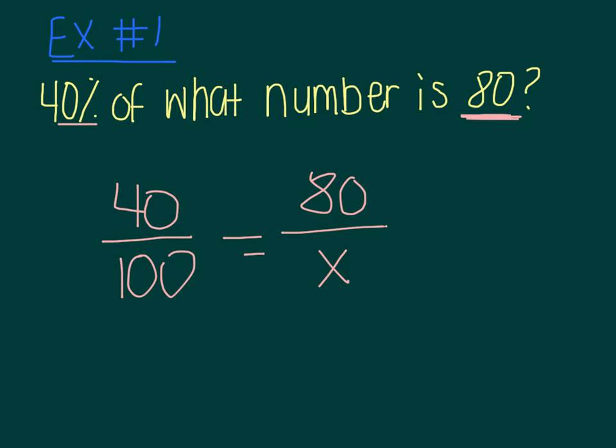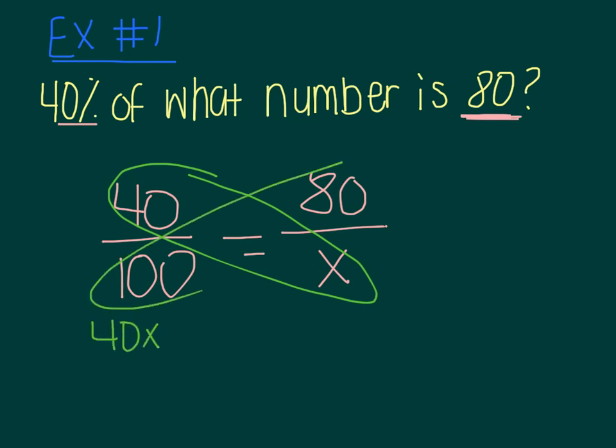And then we cross multiply, just like before. So 40 times X becomes 40X. And 80 times 100 becomes 8,000. Now we have to get X by itself, so we divide by 40 on both sides.